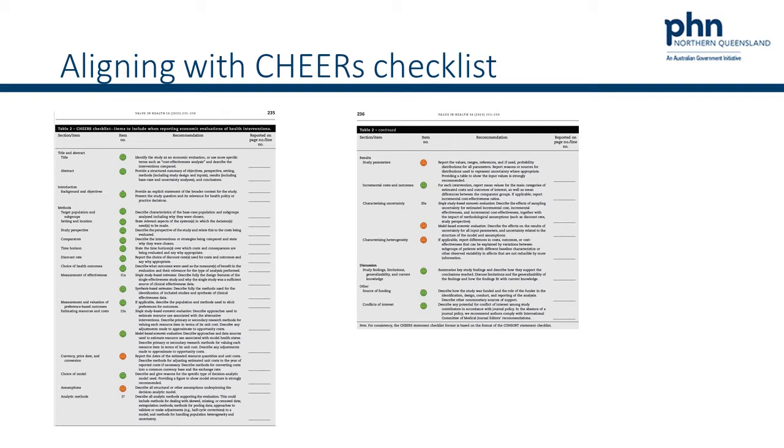CHEERS checklist. Although the checklist is not an instruction manual for how to write an article, by following the guidelines in the checklist, the authors have been able to report their observations in a clear and concise manner that allows peer reviewers and others who wish to scrutinize their work.